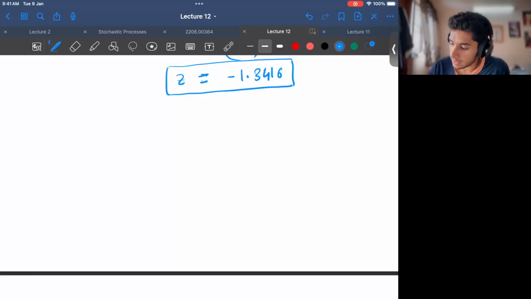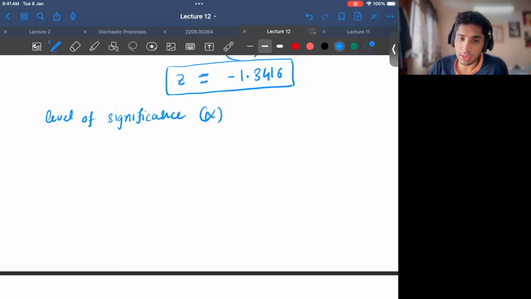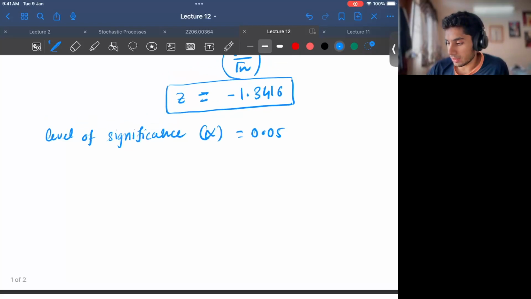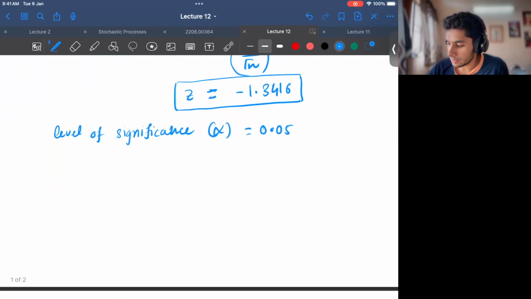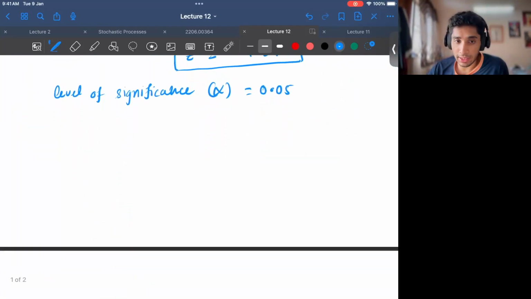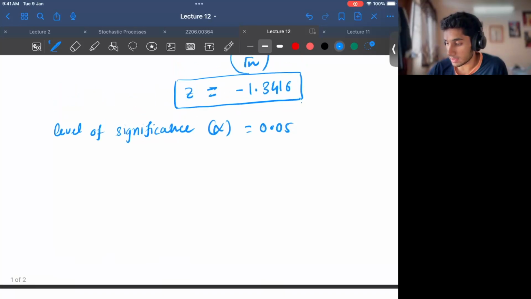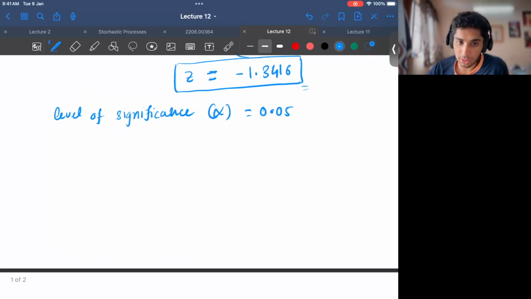If this is the case, and it is given to us that the level of significance, which is denoted by alpha, is 5%, which is 0.05, right? So when your variance is known, the critical point doesn't depend on the test statistic. Okay, the critical point just depends on alpha.